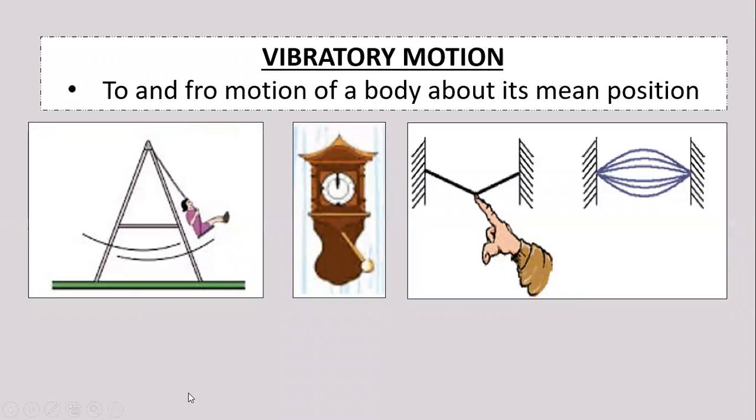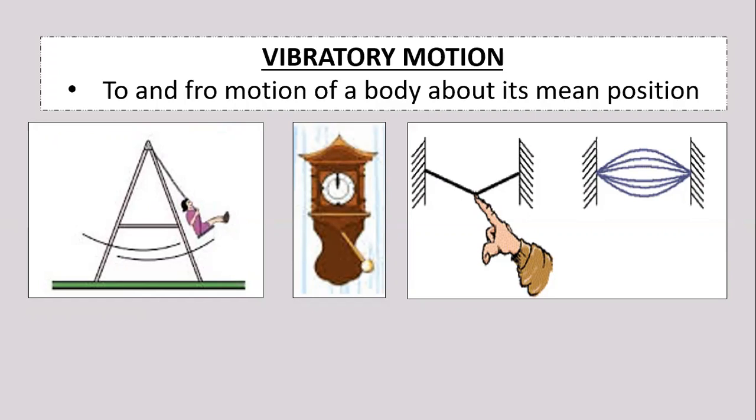Vibratory motion is the to and fro motion of a body about its mean position. The condition is that a body has to move back and forth, but about its mean position. So what is mean position? Mean position is the starting position, the stationary position. For example, you go to a park and you see a swing. Nobody is sitting on it. It's stationary.